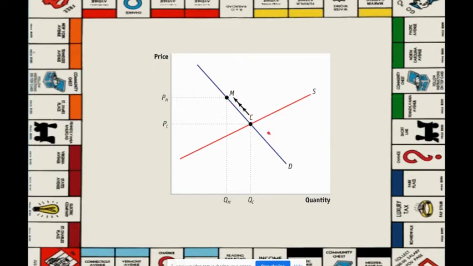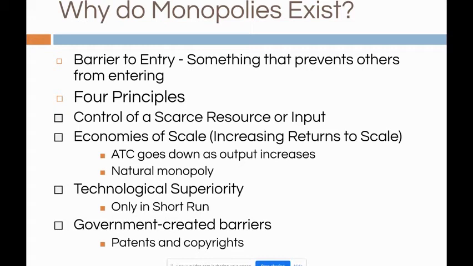And yes, the quantity demanded goes down, but guess what? I'm the only one that sells a product that you probably need. So that's how a monopoly makes money. We're the only one that sells it, and if you don't want to buy it from us, too bad. You need it. You'll pay what we ask.